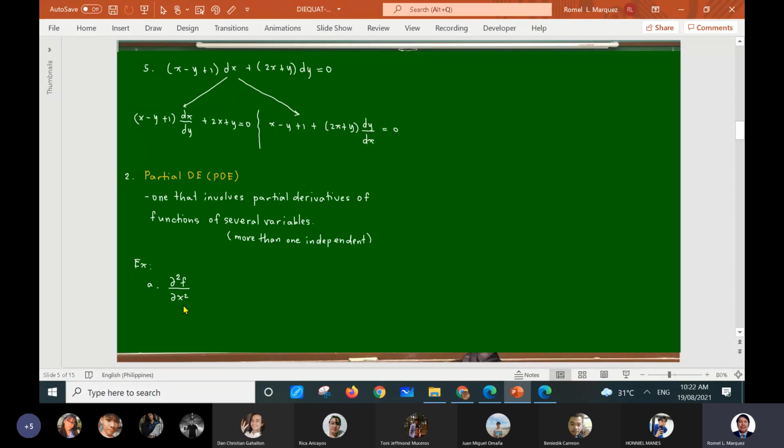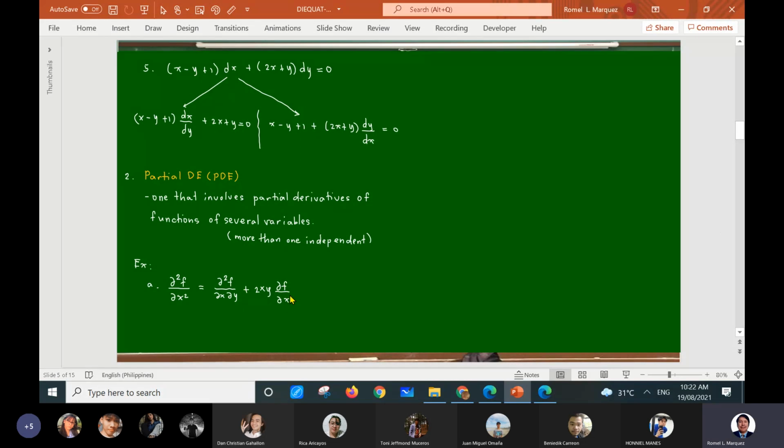That is equal to, let's say, the second partial derivative of f with respect to y, then with respect to x, plus 2xy times the first partial derivative of f with respect to x.